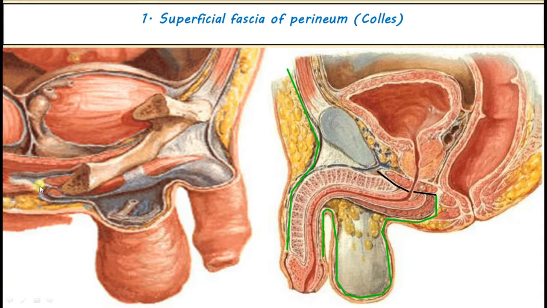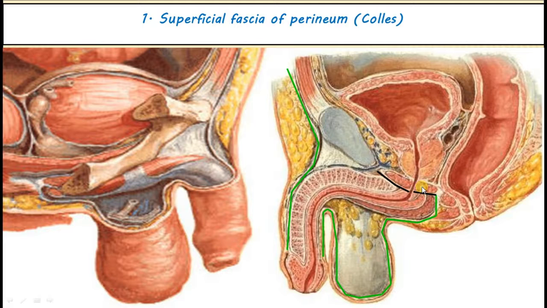So okay, behind you are able to see it is fused with the inferior fascia of the urogenital diaphragm, that is your perineal membrane. So this is your superficial perineal pouch, and this is your deep perineal pouch, which consists of again two muscles, and you are able to see the bulbourethral glands in the males alone. Females, you don't have bulbourethral glands.